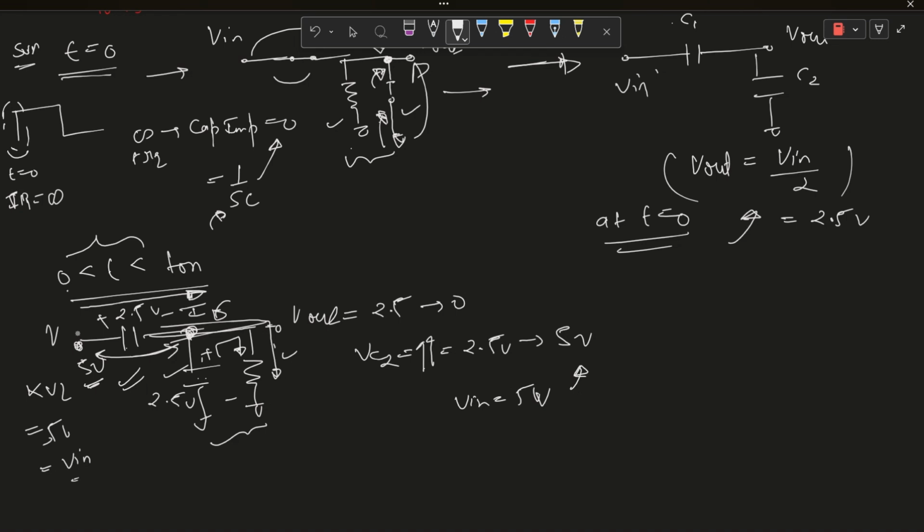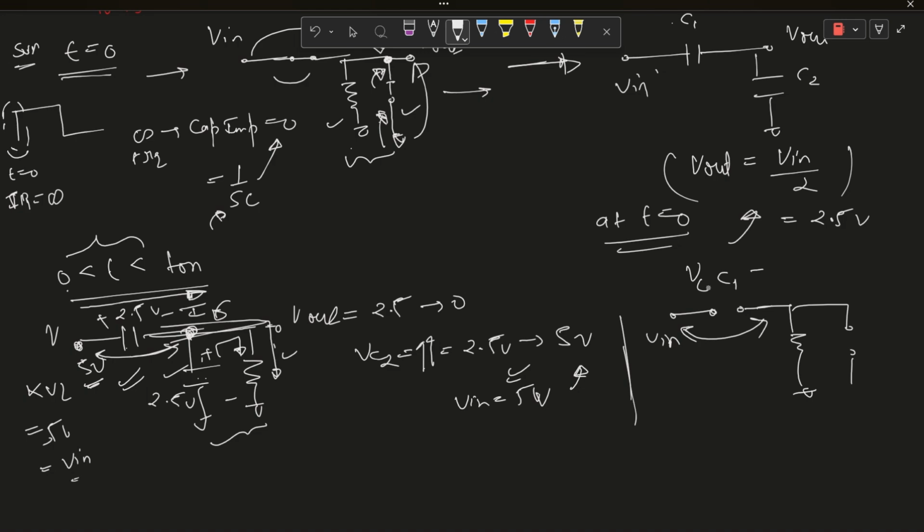We can also see that this is kind of a steady state. In steady state, capacitance becomes open circuit. So if we open this circuit, and this is also open circuit, and this is V in, all of V in drops across this C1 capacitor.